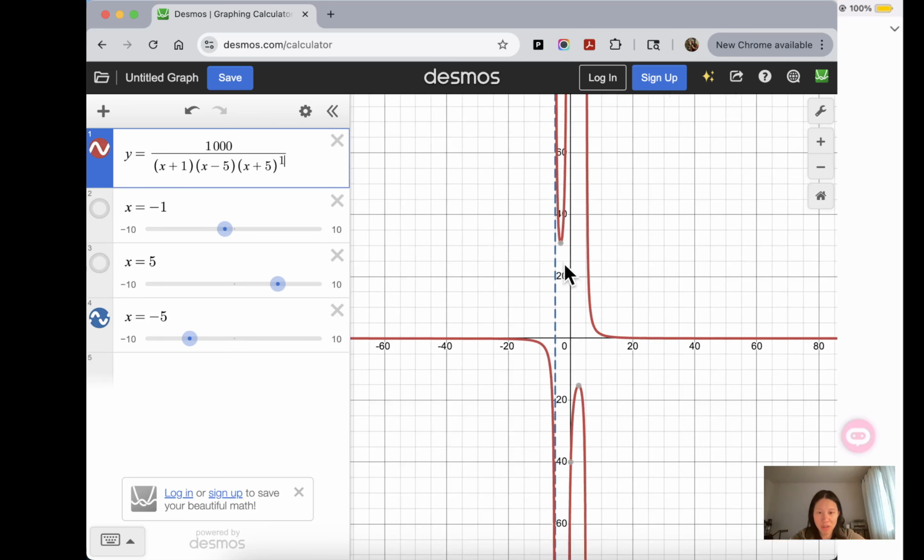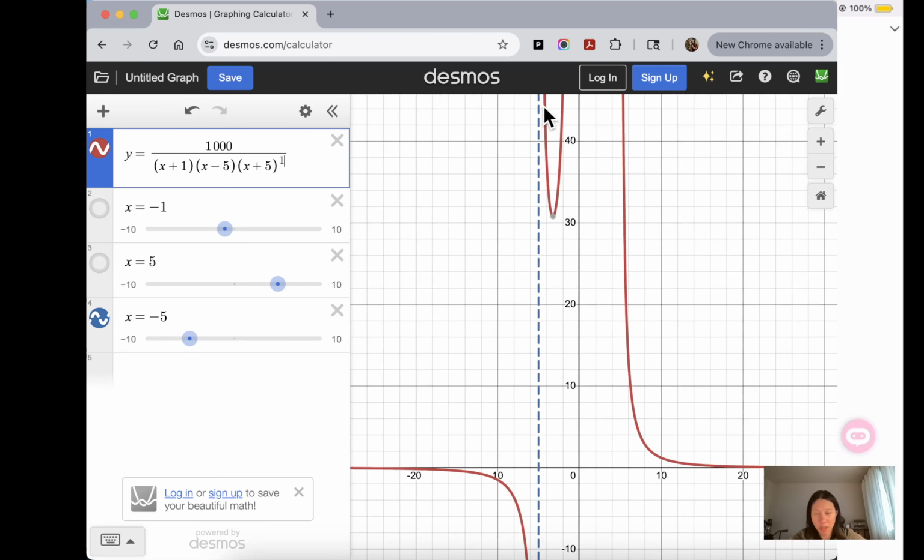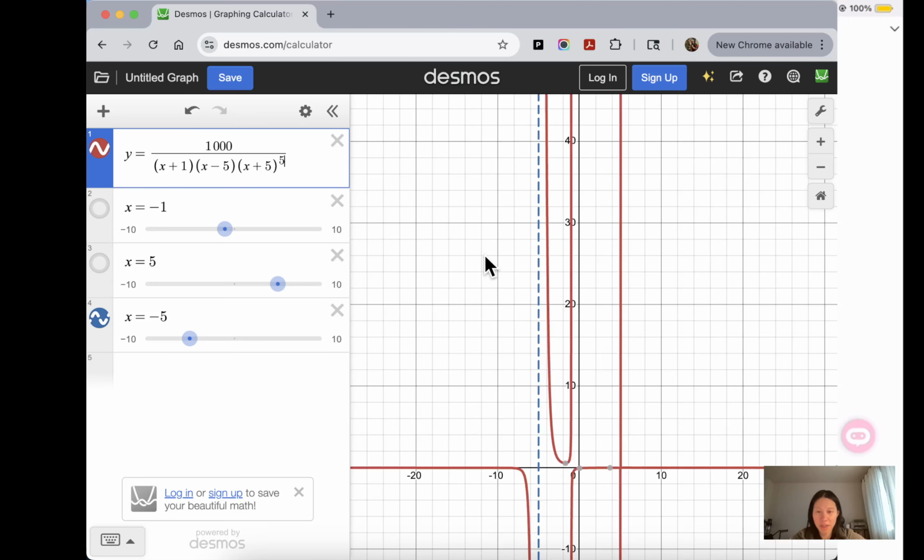The direction changes back to one going up, one going down. If I change that to 5, still, if it's an odd number, they go in different directions when they come nearby the asymptote. But if it's an even number, they're in the same direction. They both go up. Let me change to 8. Still, they both go up.